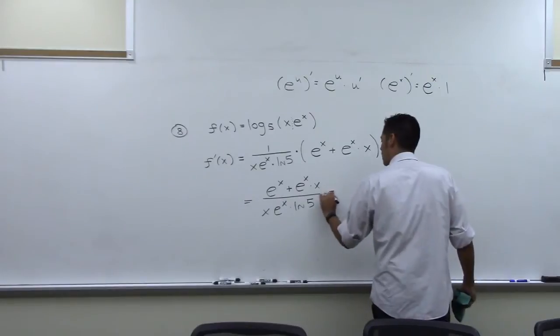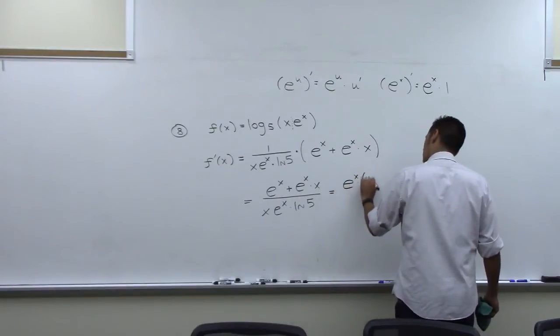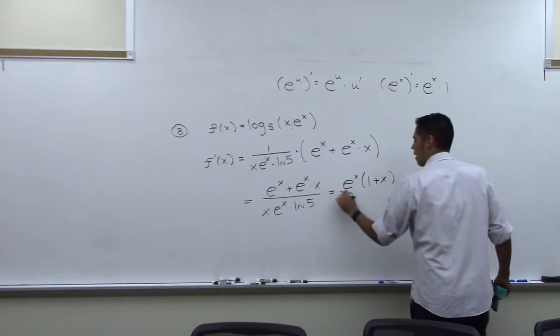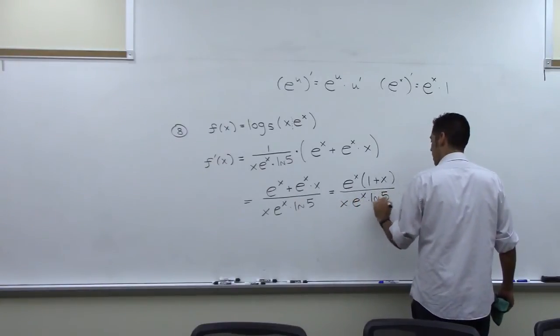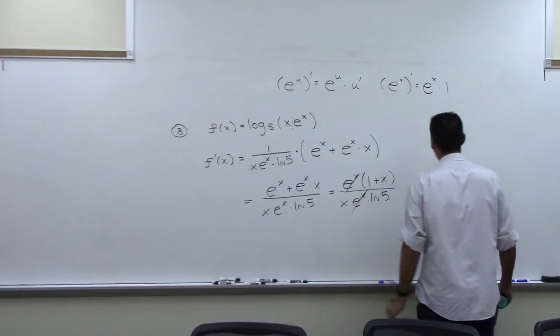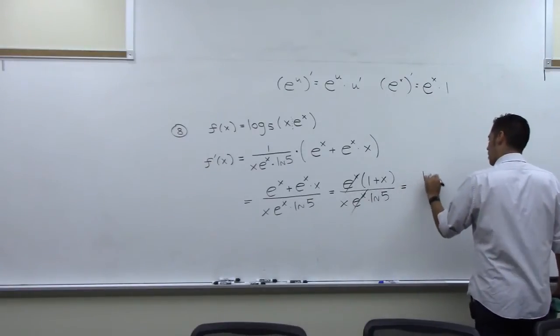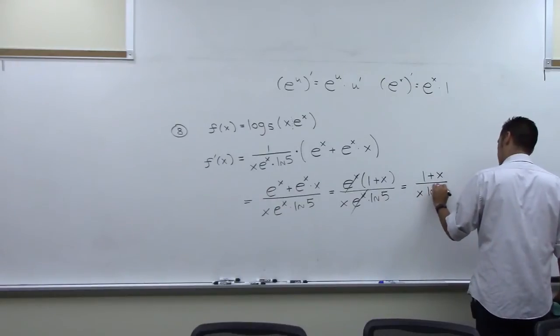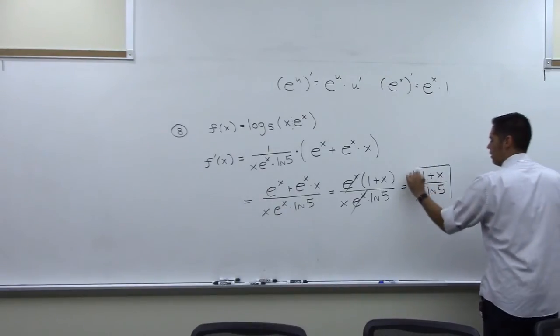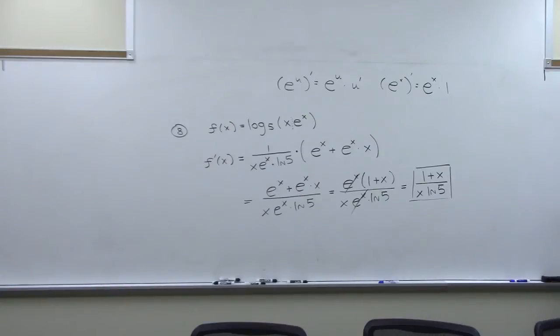I can factor an e to the x out of the top, and then on the bottom, I have that e to the x. Now I can cancel this factor. And so I get 1 plus x on top over x times natural log 5. There you go.